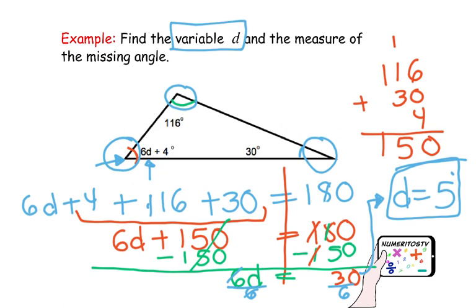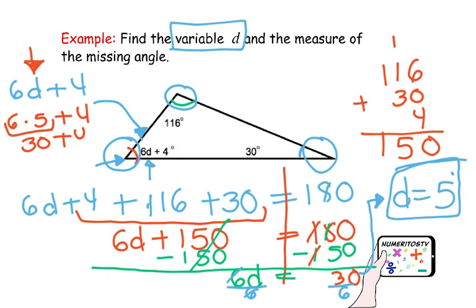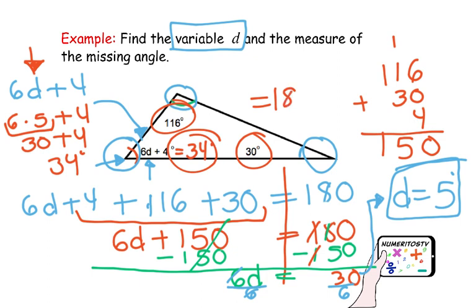The missing angle is 6D plus 4, and I already have D, so I am going to substitute that 5 for the variable D. So 6 times 5 plus 4, order of operations, I multiply first. 6 times 5 is 30, plus 4, 34. So this angle is 34 degrees. A quick way to check, add these three angles and remember that you must get 180.